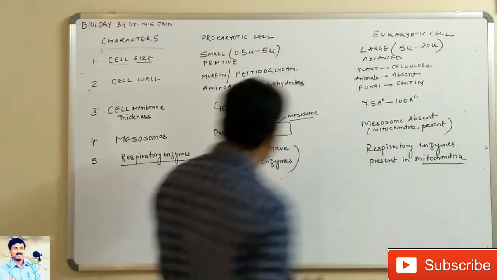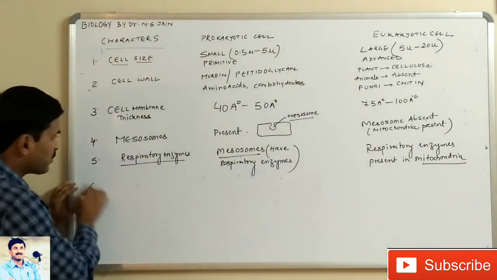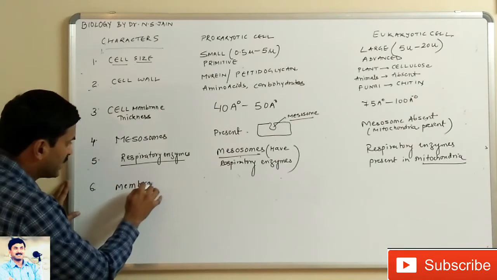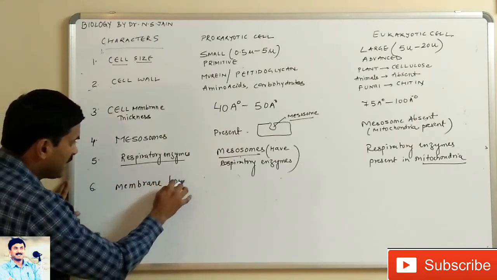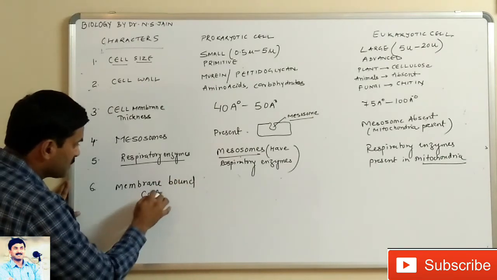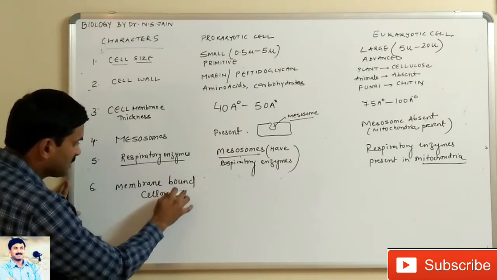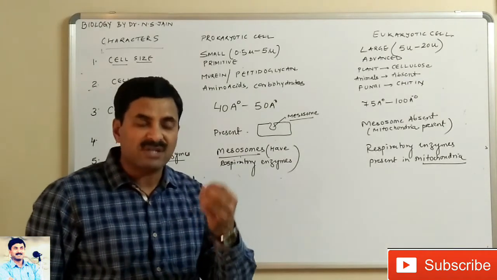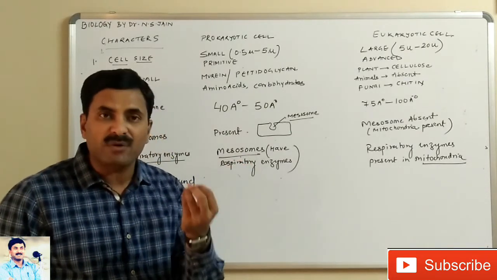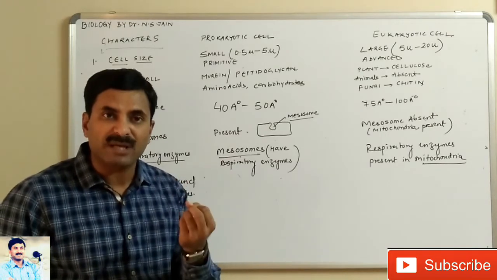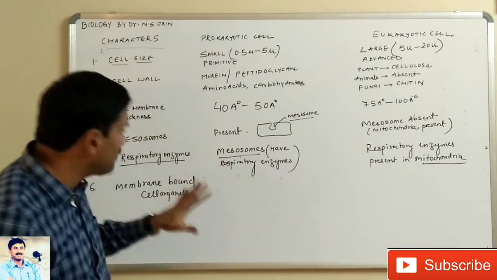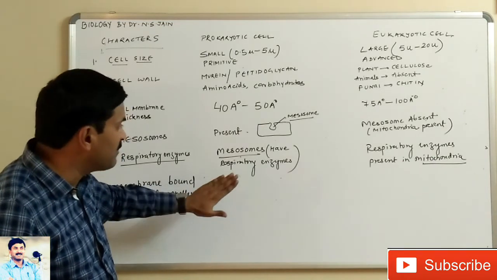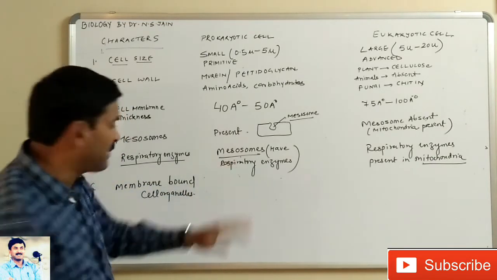Got it? The next point is membrane bound cell organelles. What are membrane bound cell organelles? You have studied certain cell organelles: mitochondria, Golgi body, endoplasmic reticulum. All these membrane bound organelles are absent here. In a prokaryotic cell, membrane bound organelles are totally absent.